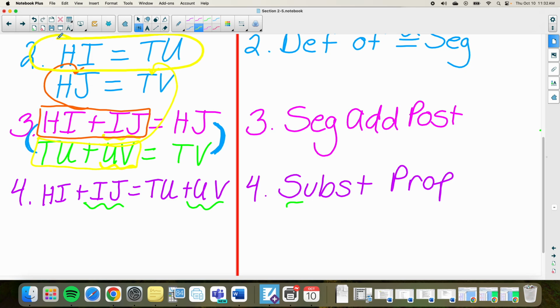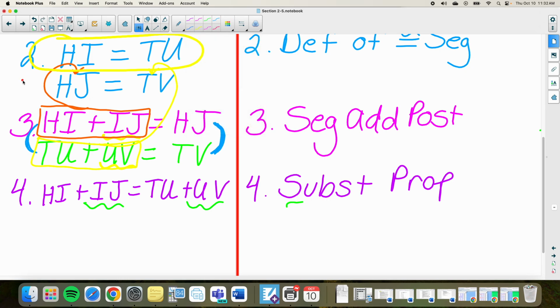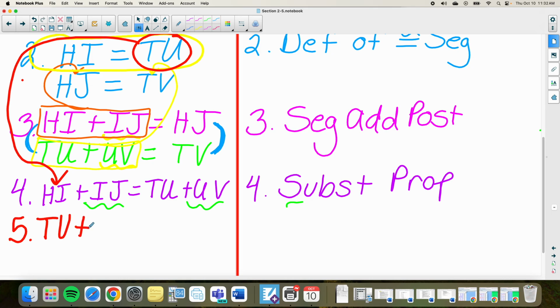Whichever way makes more sense to you. So what I think I'm gonna do, I'm gonna take this TU and put it in right there. TU equals HI, so I'm gonna take that HI out and put TU in there. So TU plus IJ equals TU plus UV.